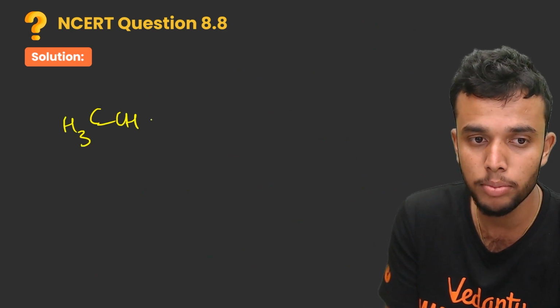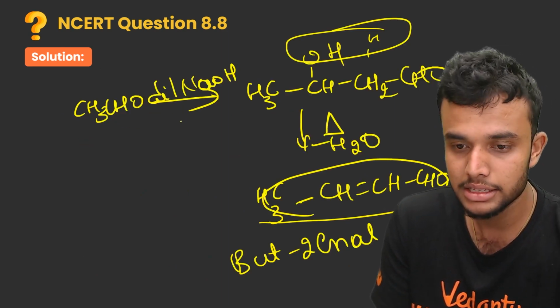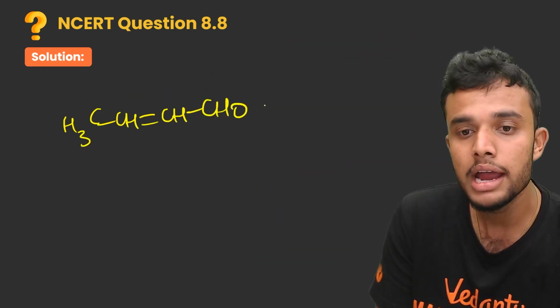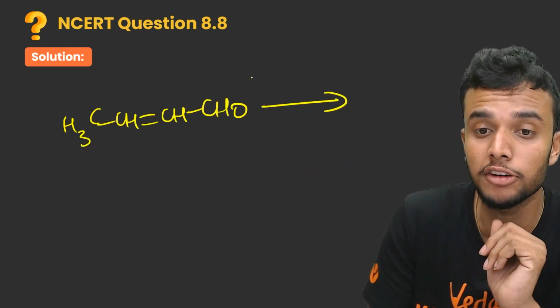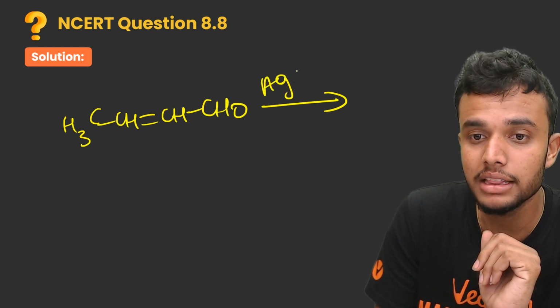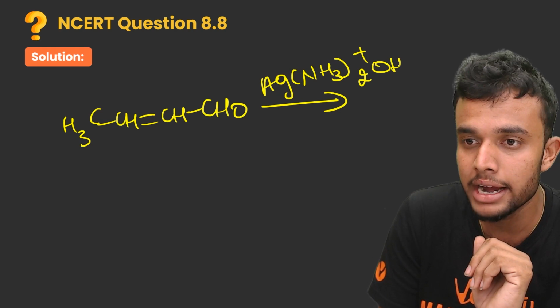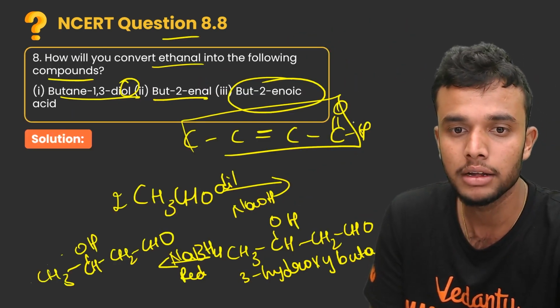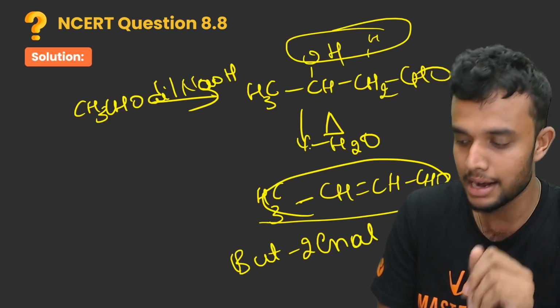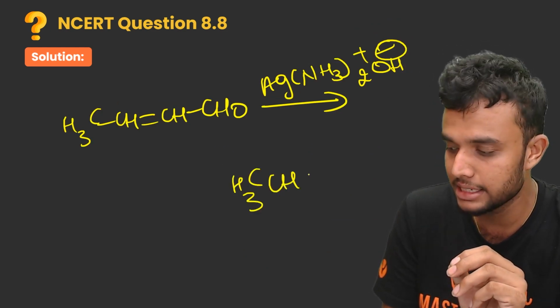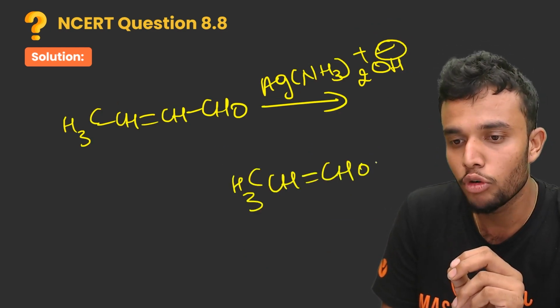For this compound, CH3CH double bond CHCHO undergoes reaction in the presence of Tollens reagent. Tollens reagent is nothing but Ag(NH3)2+ OH-, right, to yield the final product but-2-enoic acid, right? The final product is CH3CH double bond CHCOOH.